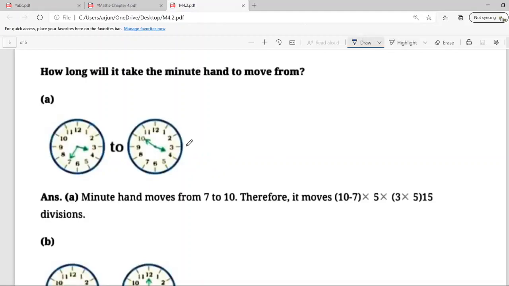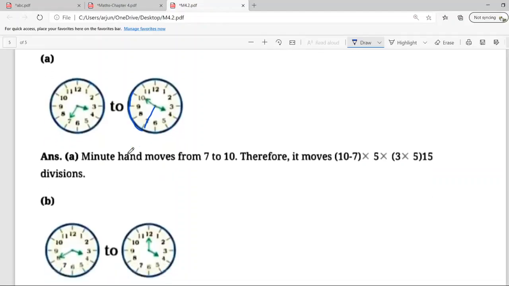So from 7 to 10 we have to calculate how many minutes have passed. As we have discussed, the larger segment from 7 to 8 consists of 5 minutes, then 8 to 9 which is also 5, and 9 to 10 which is also 5. So in total 15 minutes have passed.